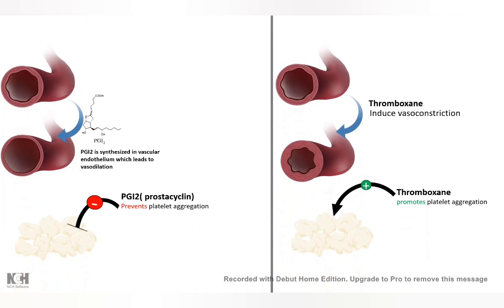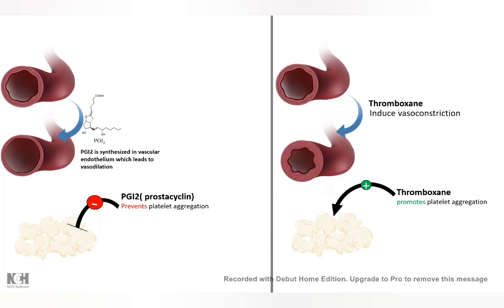Several prostaglandins have several effects on different levels. For example, prostaglandin I2 leads to vascular dilation, whereas thromboxane, which is prevalently present in the thrombocytes or platelets, induces vasoconstriction.